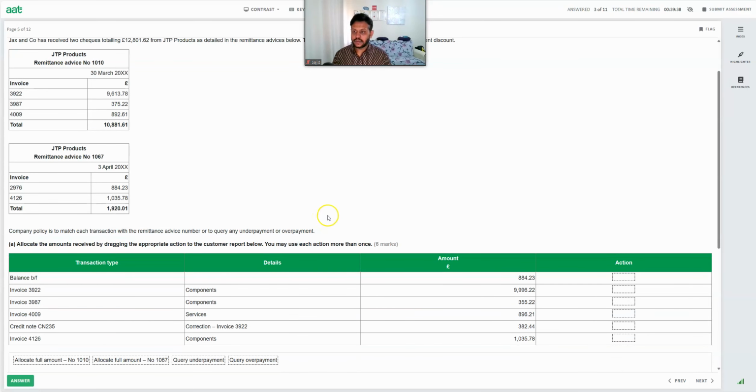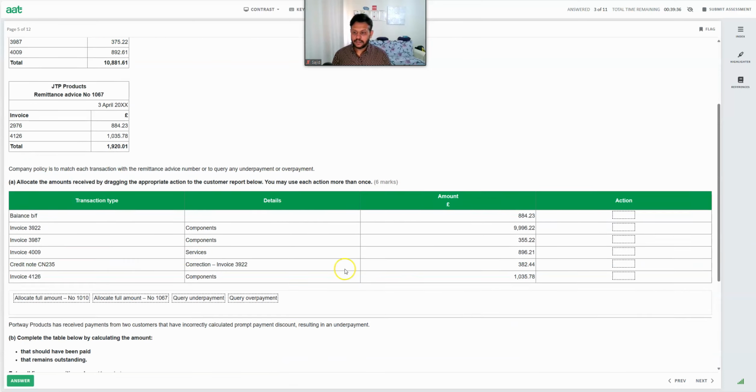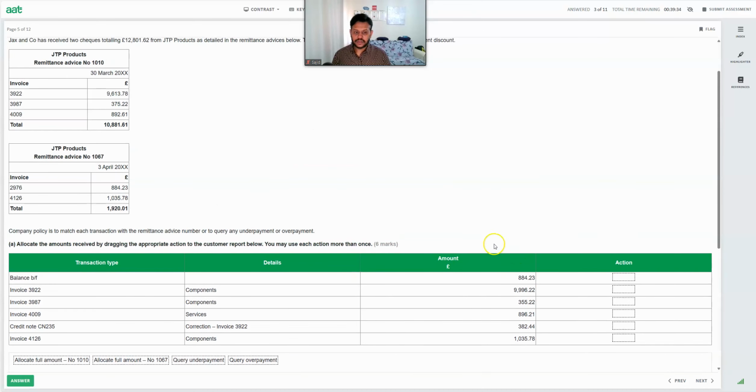Okay, so we can see here, based on my record, what is happening. You can see the opening balance. The opening balance was 88423. That was the opening balance. And I want to check whether this amount is paid or not.